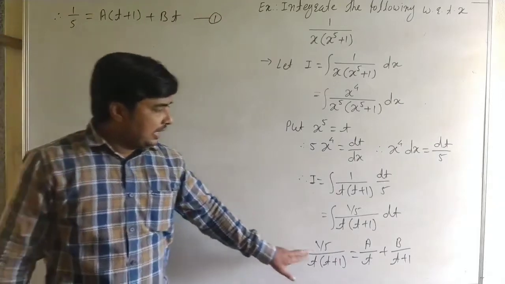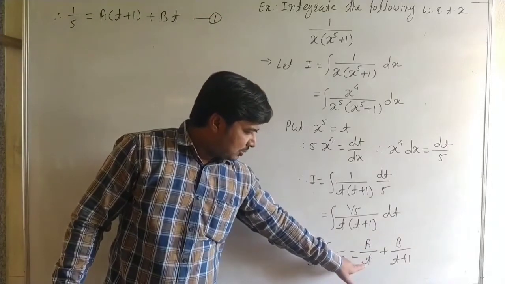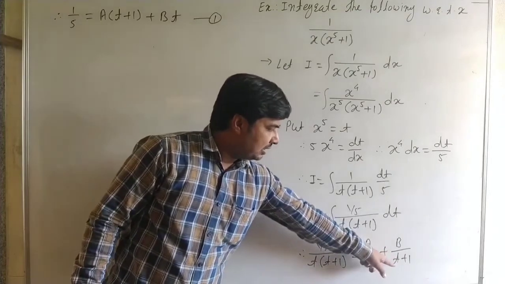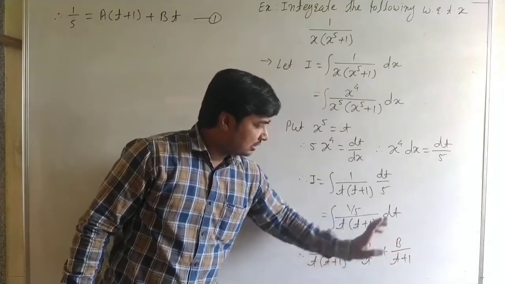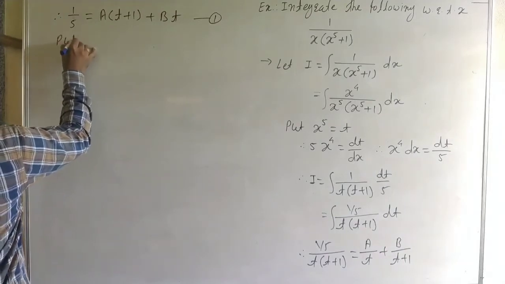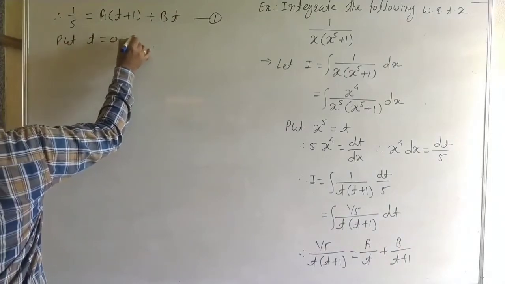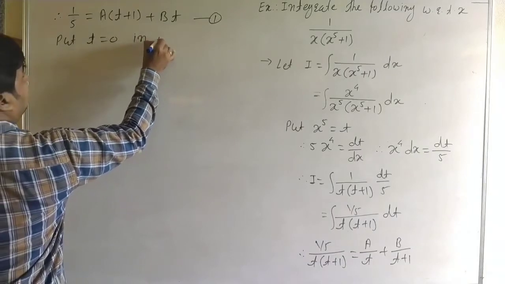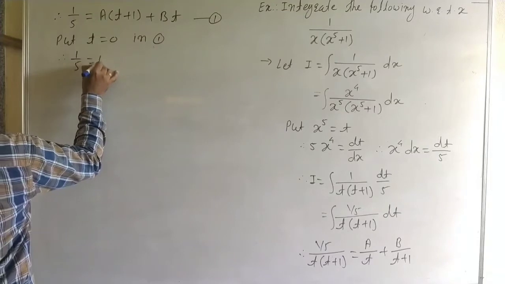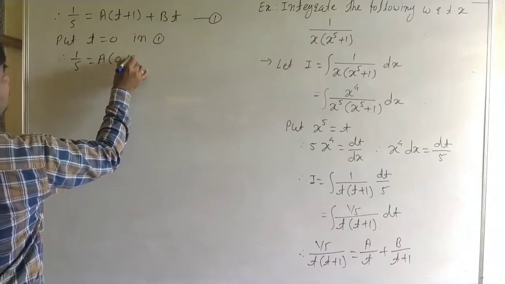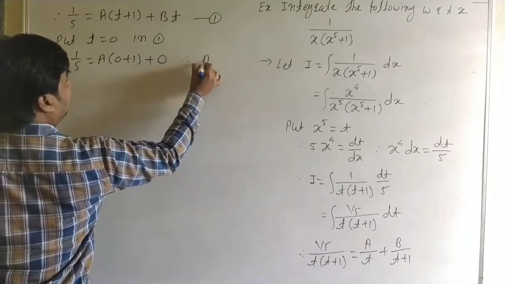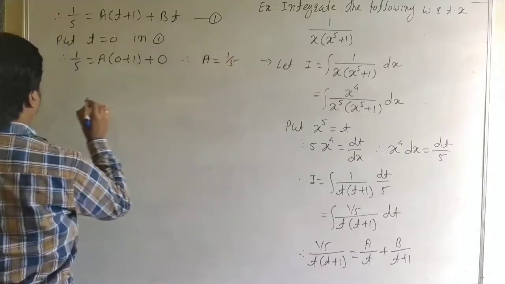Now, for finding the values of a and b, first put each linear factor equal to 0. That means t equal to 0, and then t plus 1 equal to 0. Then we get the values. Put t is equal to 0 in 1. Therefore, we get 1 by 5 is equal to a into 0 plus 1 plus 0 when t is equal to 0, and therefore a is equal to 1 by 5.